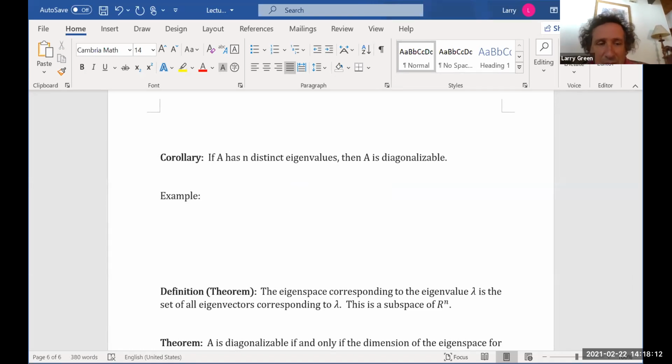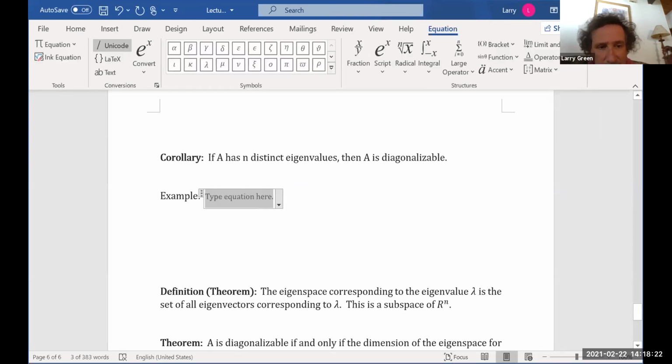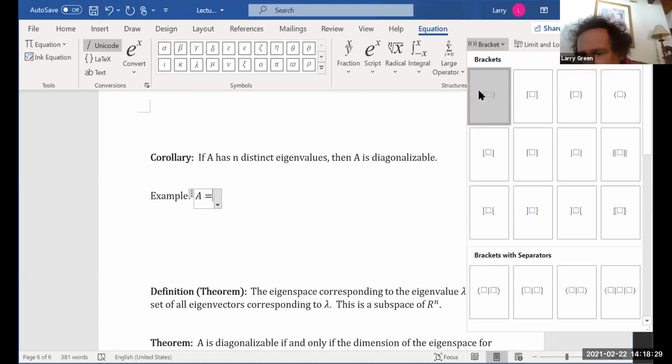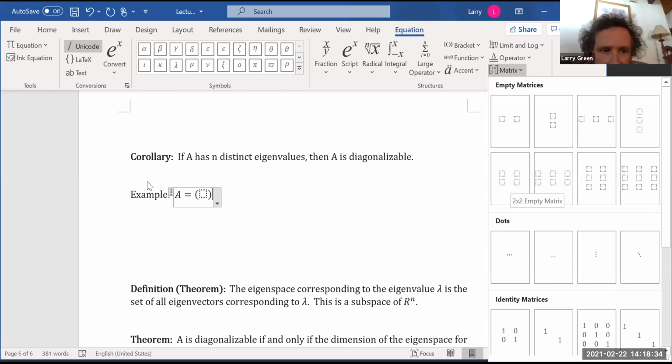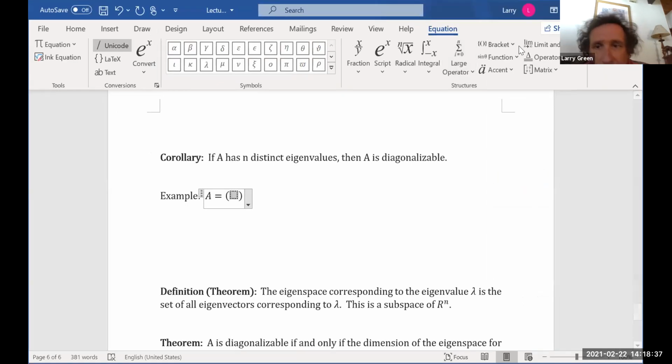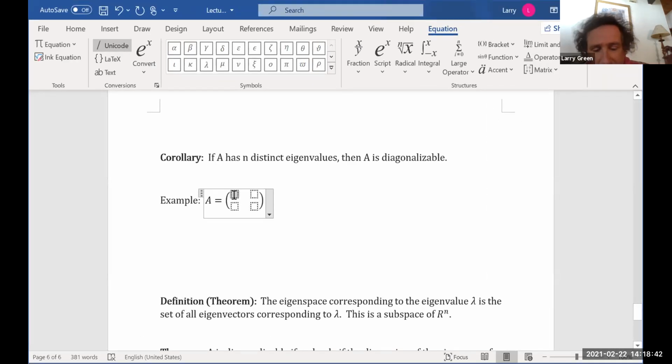And maybe we'll do a 2 by 2 matrix just to make life a little easier. So let's suppose we have A equals, we need a matrix out of this. And let's say it is, I didn't come up with one ahead of time. I should have. That was my mistake.